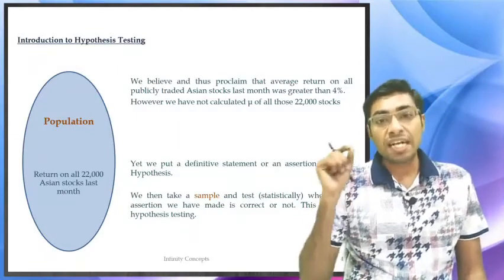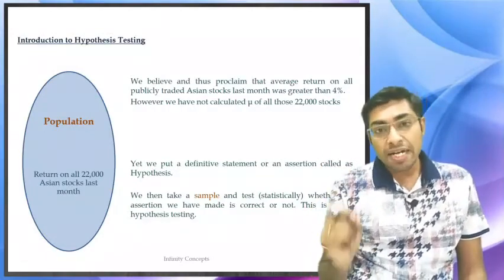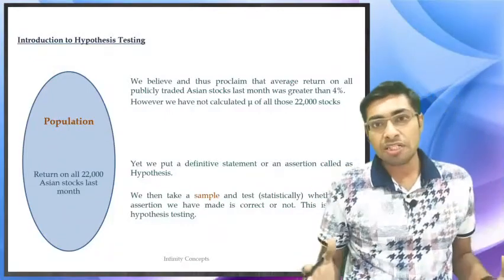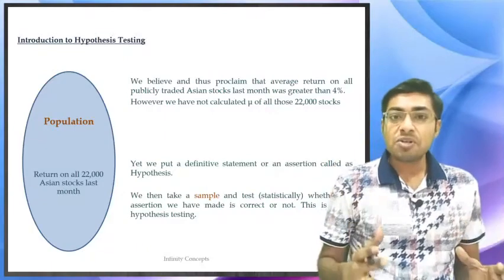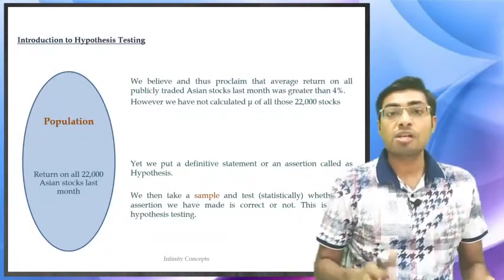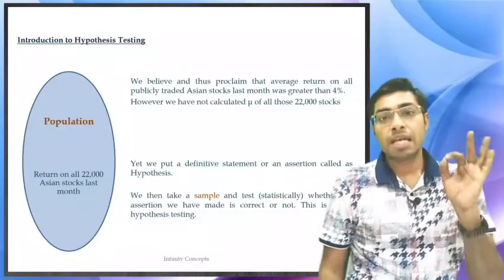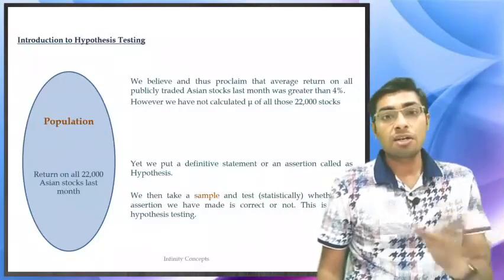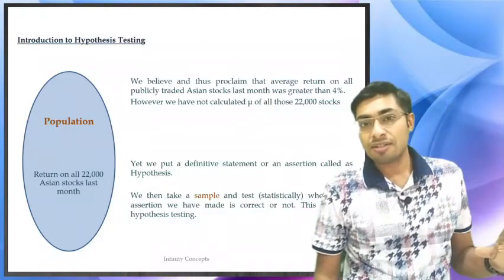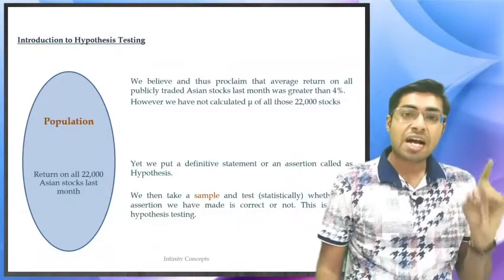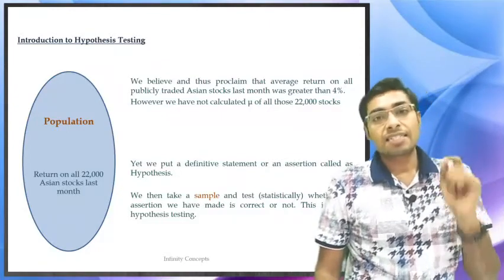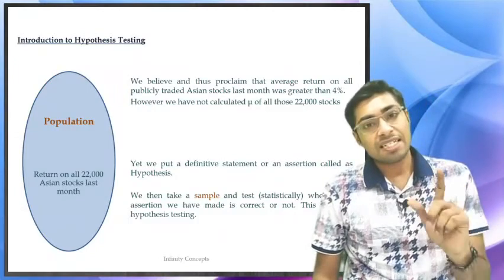Now, what was the return of these 22,000 stocks last month? It's a huge population. How are we going to calculate that? It's very expensive and time consuming to calculate the exact return or the mean return of all these 22,000 stocks. So what are we going to do? We are going to conduct some analysis, and this is known as hypothesis testing.